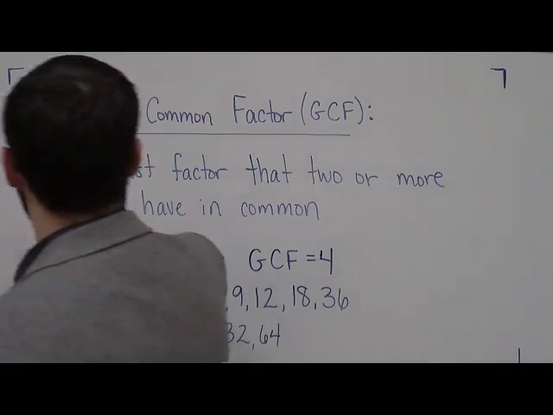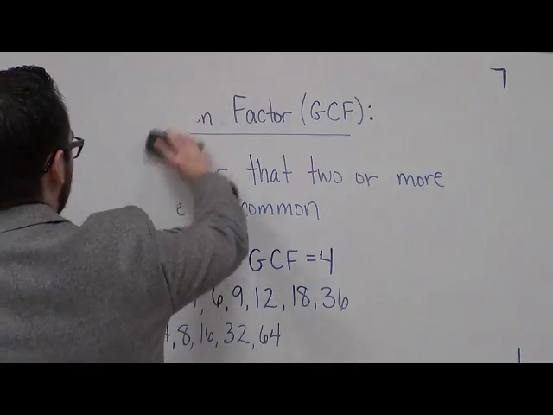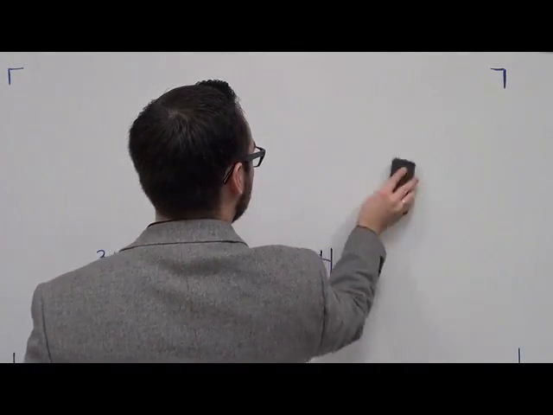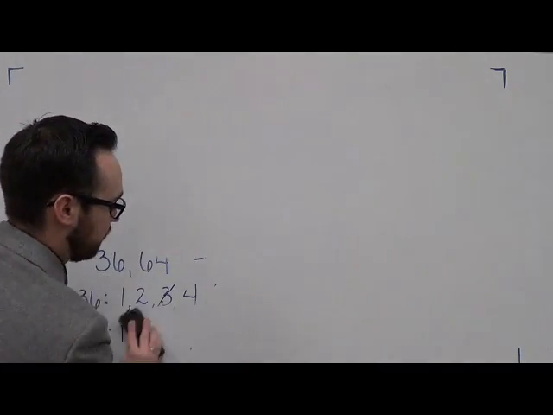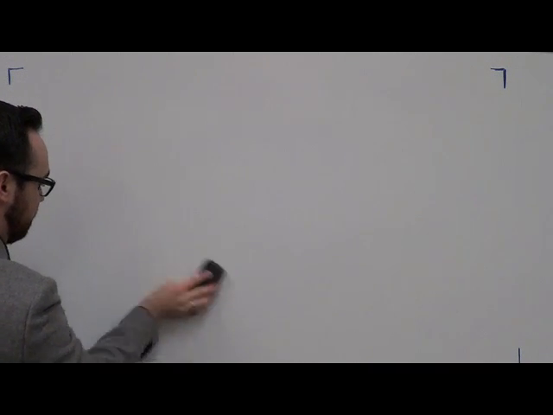So let's take a look at a few other examples of how we can use the greatest common factor. Let's take a look at 36 and 54.